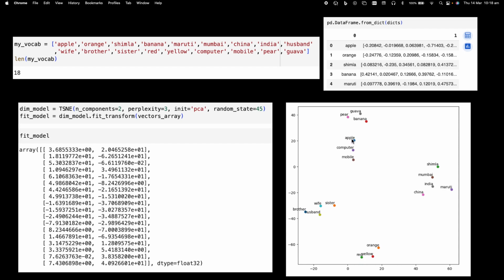I do understand why Apple has been assigned close to computer, because it's for obvious reasons. And we have brother, husband, wife, and sister. All the cities on one side, the colors on one side. So the model understands the relationship between the words. Not perfectly, but better than nothing. And it shows in the graph how words occur close to others.